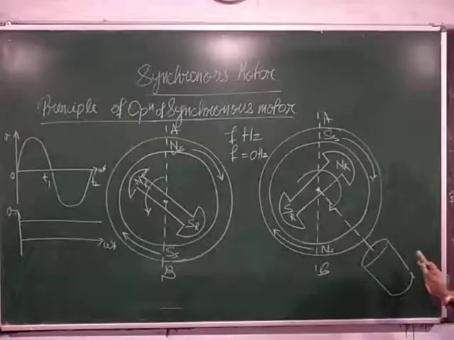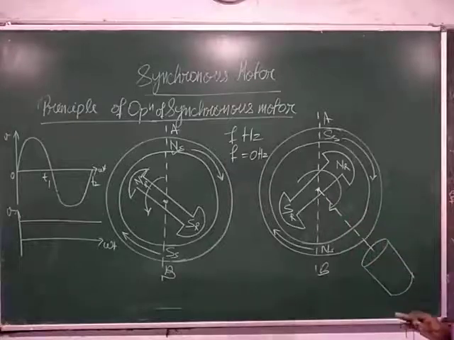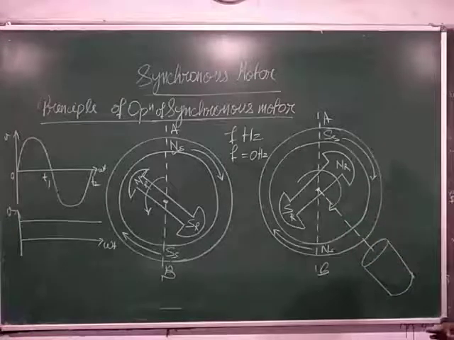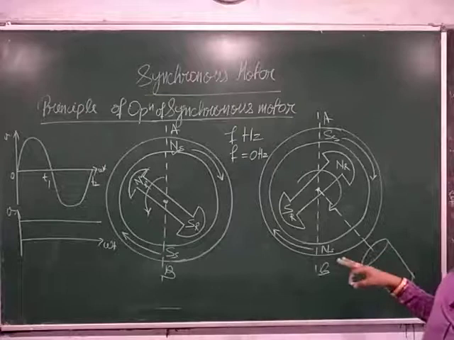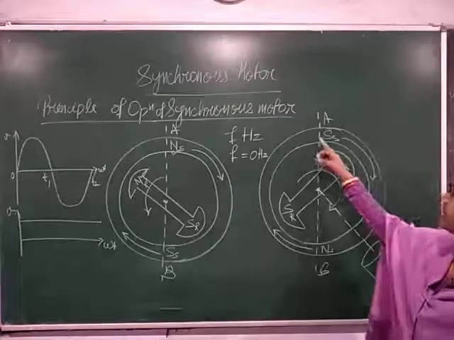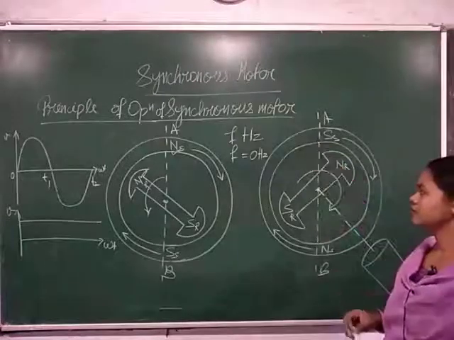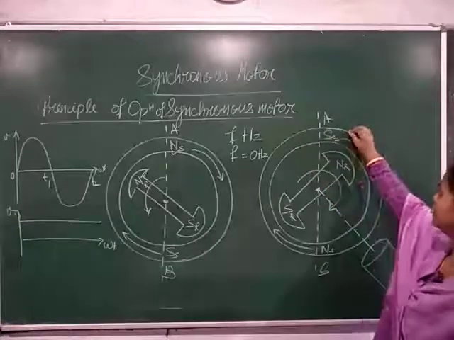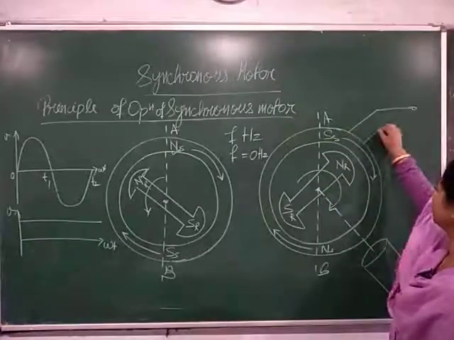We give mechanical speed to the rotor. So in the prime mover method, what happens? The rotor is given three-phase supply.